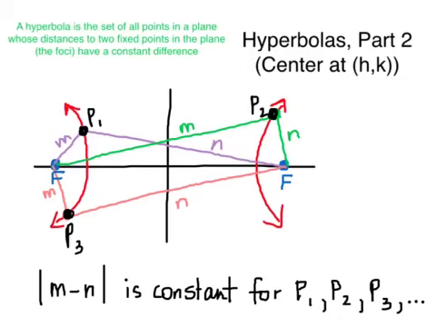So if you measure the distance from point 1, which I called P1 on my picture in black, between point 1 and one of the foci, and point 1 and the other focus, and you called one distance M and one distance N, that distance M minus that distance N, if you took the difference, and notice if you did this one, M minus N would turn out to be negative, and distance can never be negative, which is why at the bottom I've written M minus N with absolute value bars around them, because it doesn't really matter which one's bigger and smaller, you just want the difference between them for the distance.